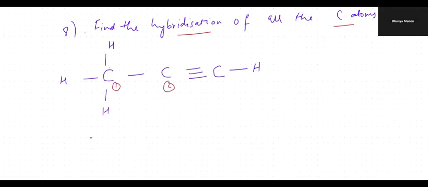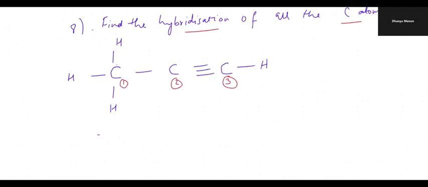Here you just have to find the hybridization. Now, carbon atom number 1, what is the Z value? But before that, let's write the sigma bonds. This is 1 sigma bond, another one, sigma, sigma, sigma, and sigma. Carbon atom number 1, how many sigma bonds are there? 4 of them. So if Z value is 4, it is sp3 hybridization.